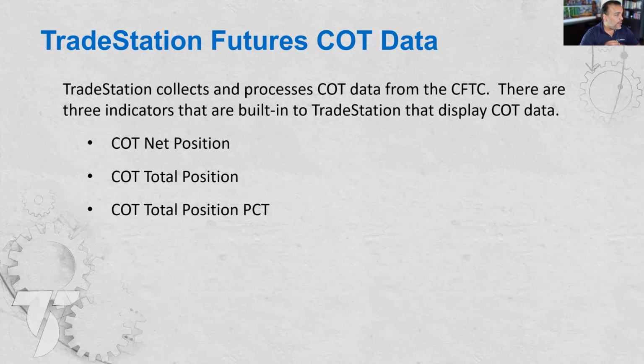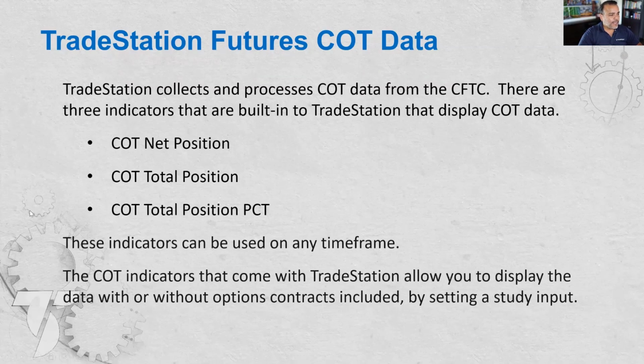So if you are a COT trader, if you use commitments of traders in your trading, then take a look at these studies and see if you find some application for them, okay? The indicators can be used on any time frame. We're going to start off on weekly charts, but then transition over to daily charts once we look at the strategy.